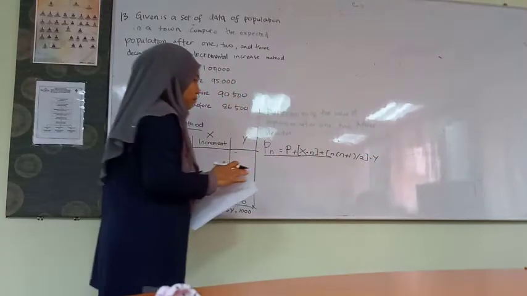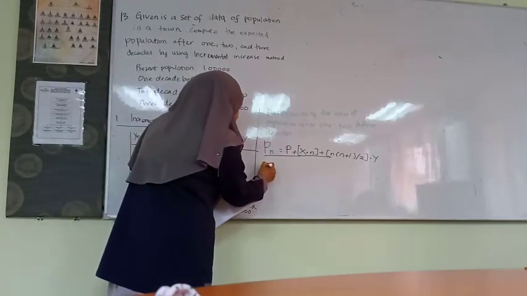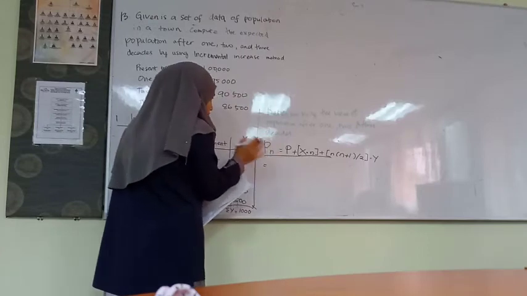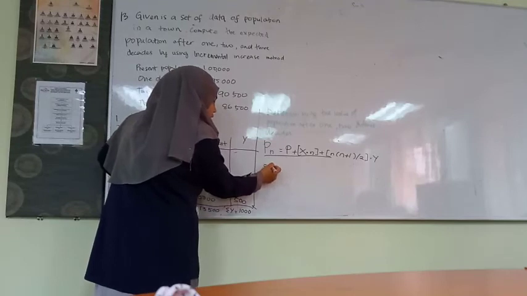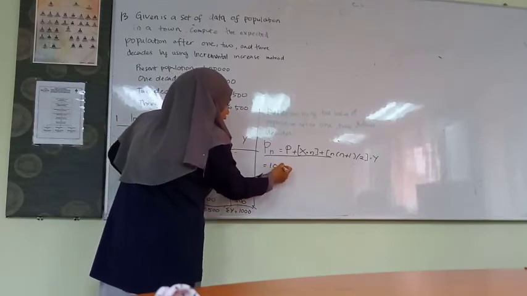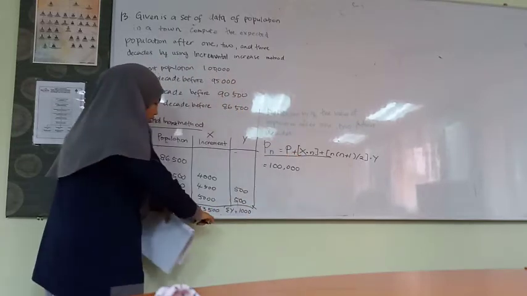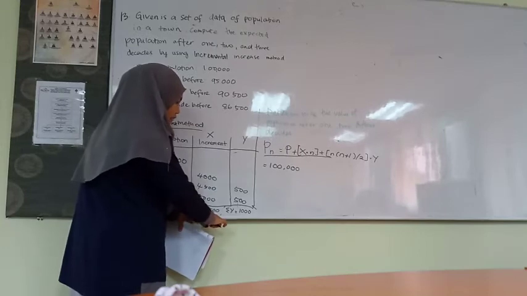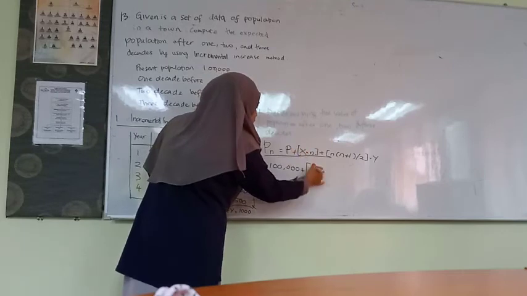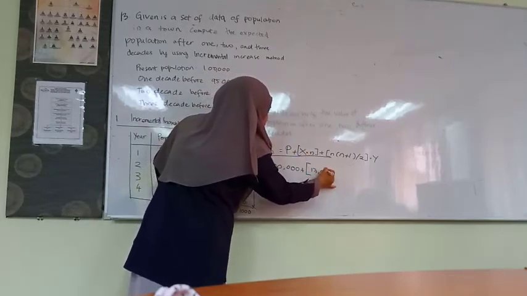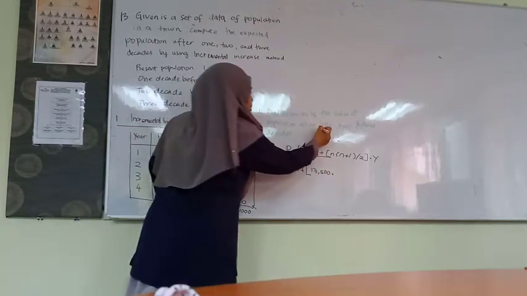This is the formula for the incremental increase method, and you're going to replace the symbols with exact values. As usual, our initial population is 100,000 persons. Our X value is 13,500. Don't forget to put the correct symbol. Times n, and our n is 1.